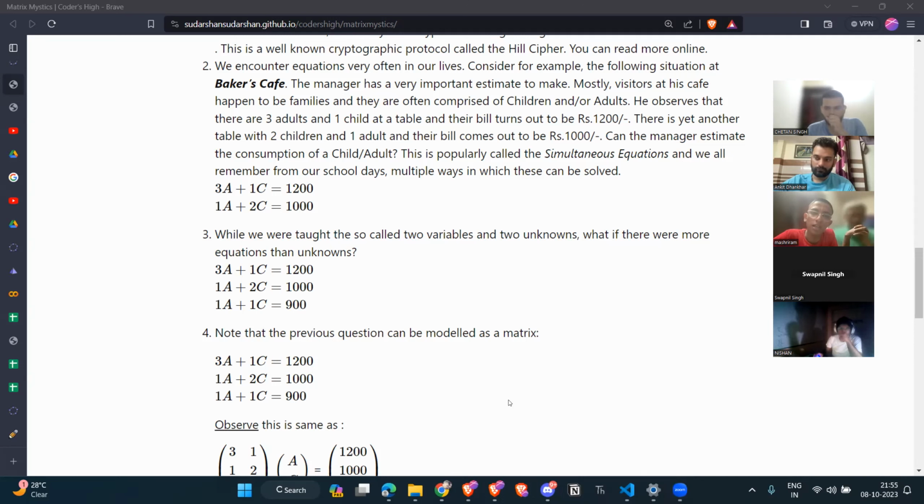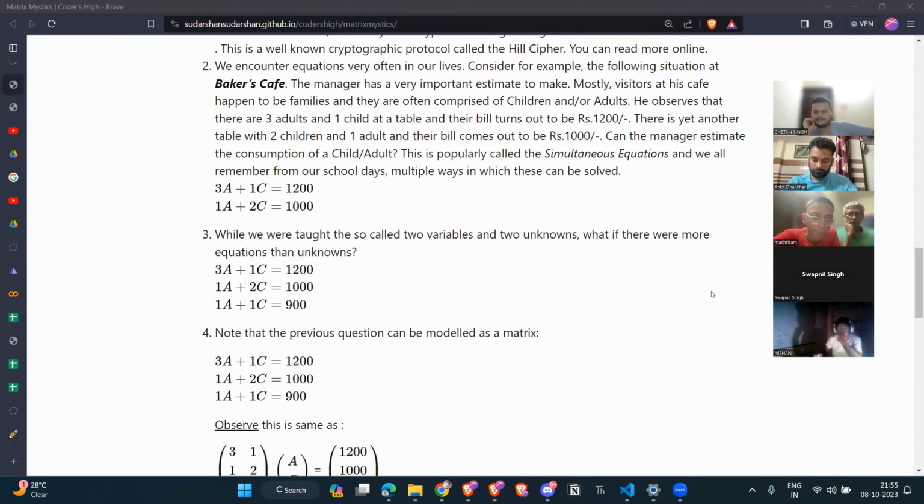They want you to find how much one adult consumes and one child consumes. As you can see the equations given below, 3a plus 1c is 1,200, and 1a plus 2c is 1,000, and you can solve it obviously.